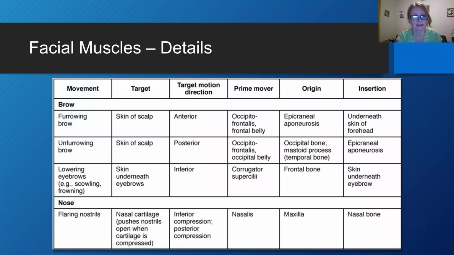On the next slide, we have details for all these muscles, like here's occipitofrontalis, frontal belly, the movement, the target, origin, insertion. We will discuss muscles, of course, during our labs, so right now I will only focus on a few of them. Please stop this video and read this table, okay? And then continue on.